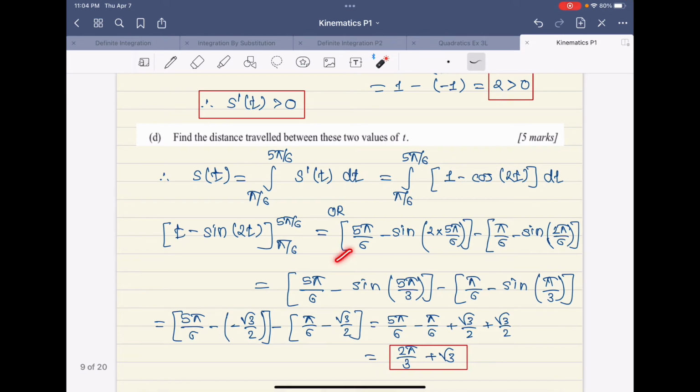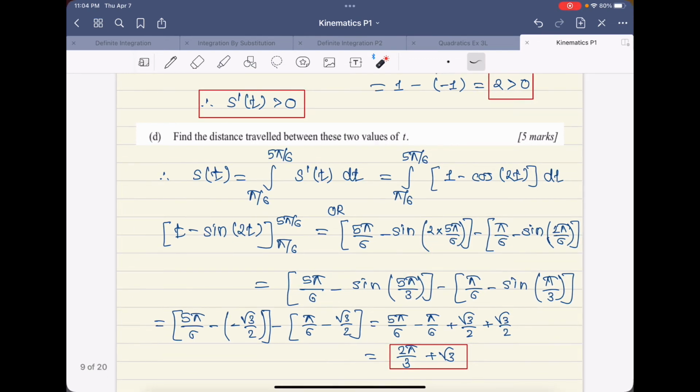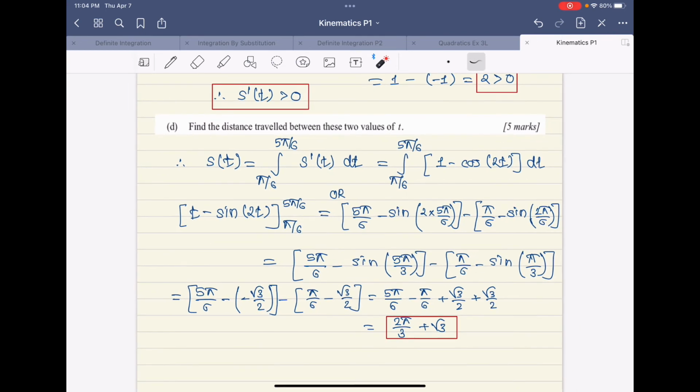Simplify this. 5 pi by 6 as it is, 2 into 5 pi by 6 is basically 5 pi by 3. So it is sine 5 pi by 3. Pi by 6 as it is, 2 into pi by 6 is basically pi by 3, minus sine pi by 3. Middle sign is minus.